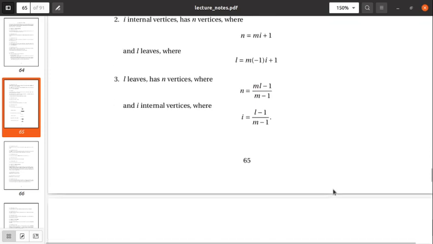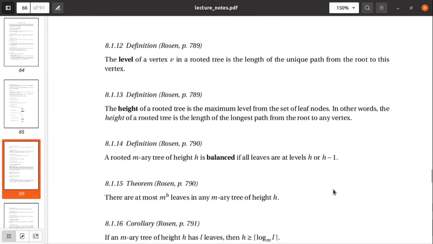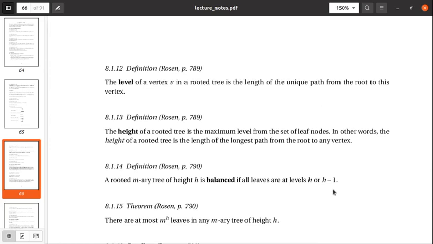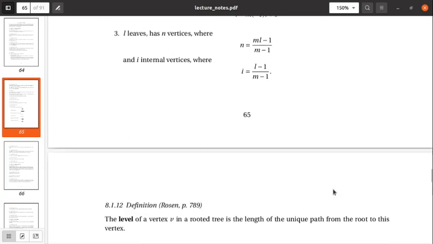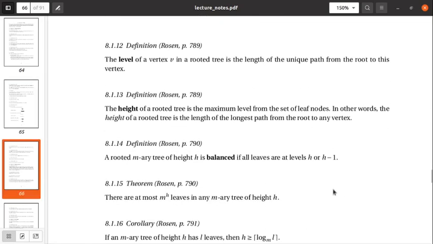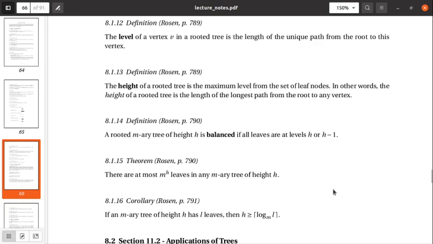So for full M-array trees, we can navigate between the total number of leaf nodes and number of internal nodes and so forth. But I feel like those formulae are all overkill. We'll notice various patterns of full M-array trees, and you should be able to compute it without those. But whatever, they're there if you care to memorize them.